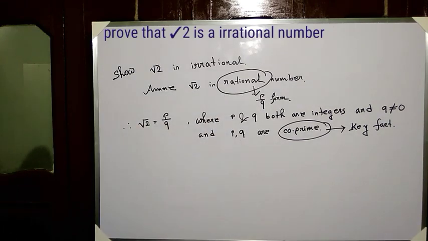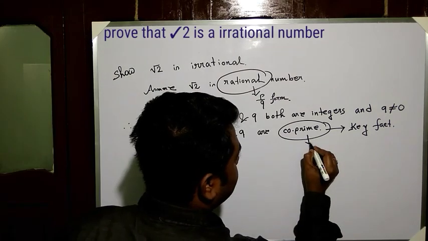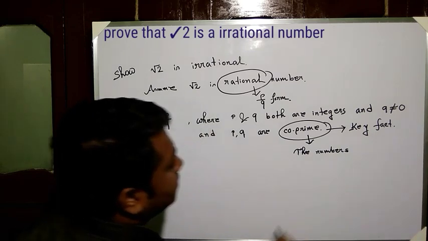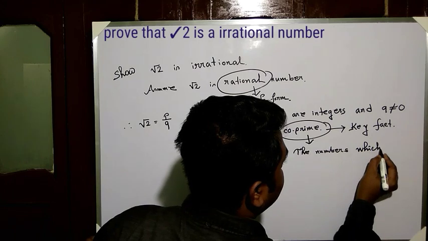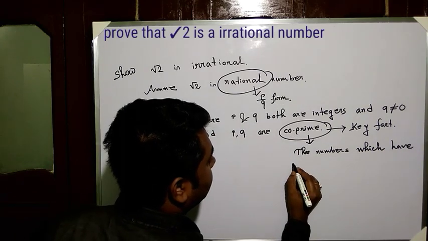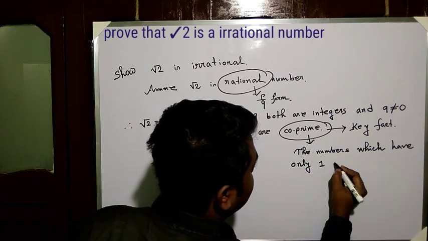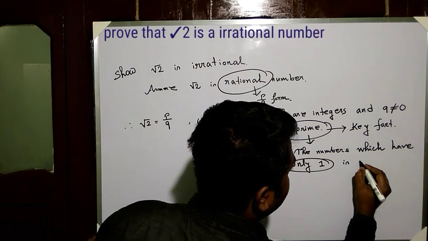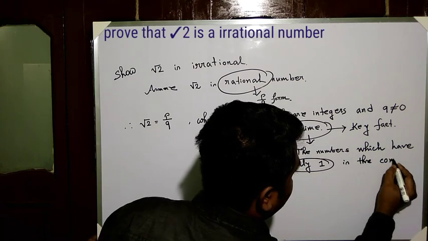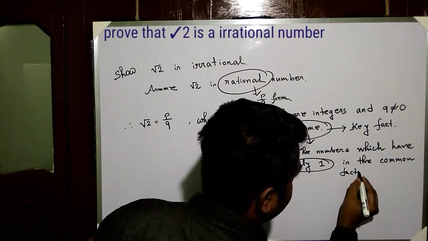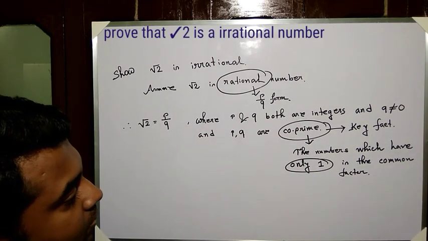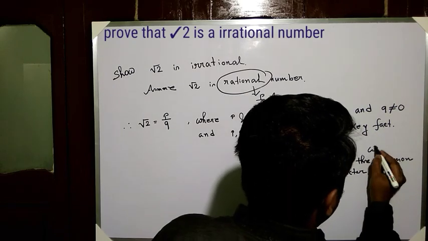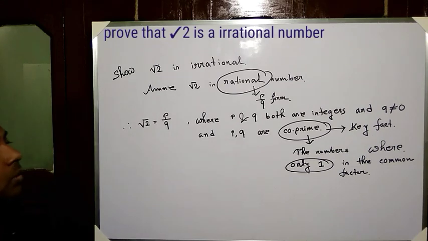First, recap. What is co-prime? The numbers which have only one as the common factor.